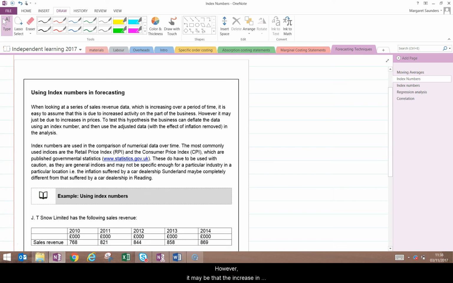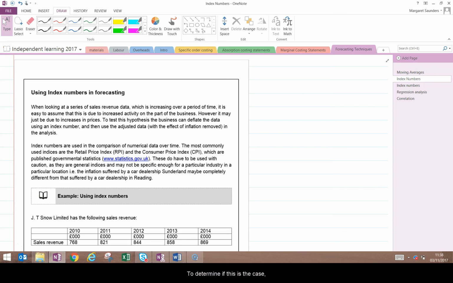However, it may be that that increase in sales is purely due to an increase in the selling price, and that increase in selling price may be due to inflation.